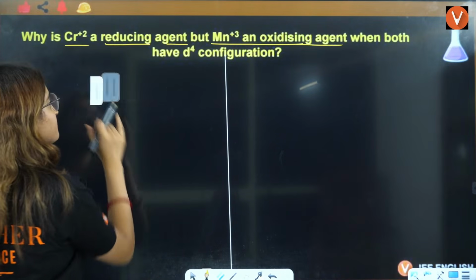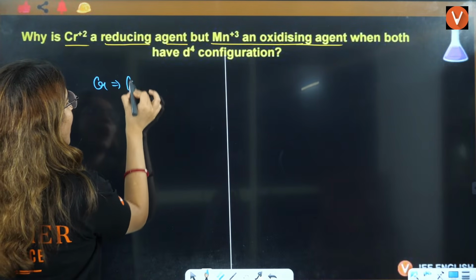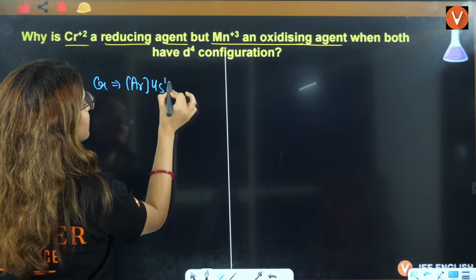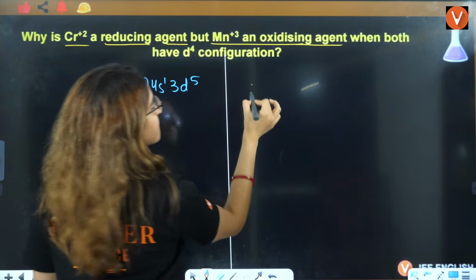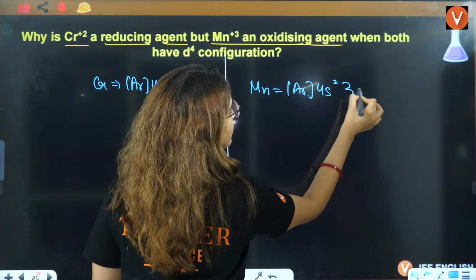Chromium is argon 4s1 3d5. Manganese is argon 4s2 3d5.